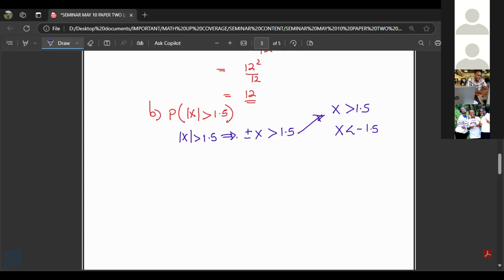So we are going to standardize this value of x, the 1.5 and -1.5. In standardizing, we have to know the mean, and we have to know the standard deviation.